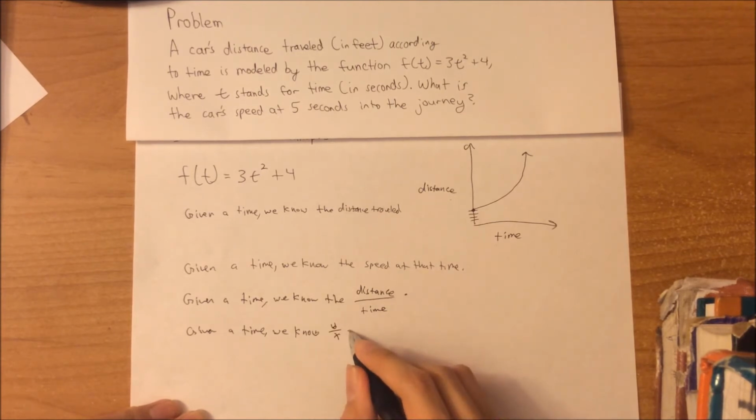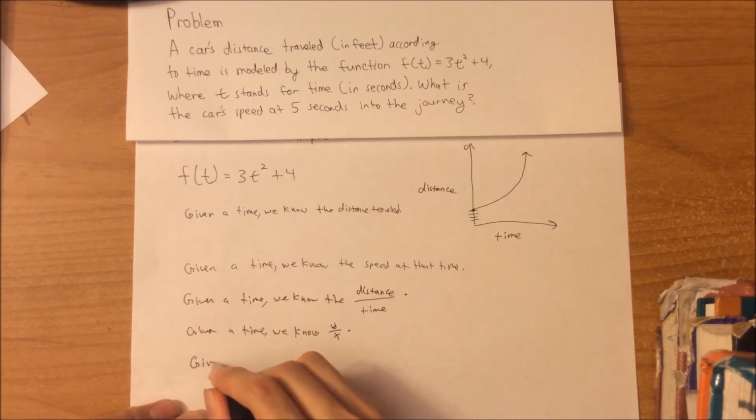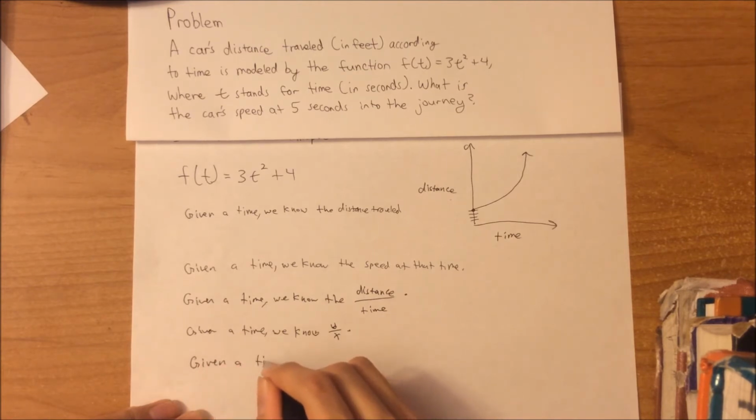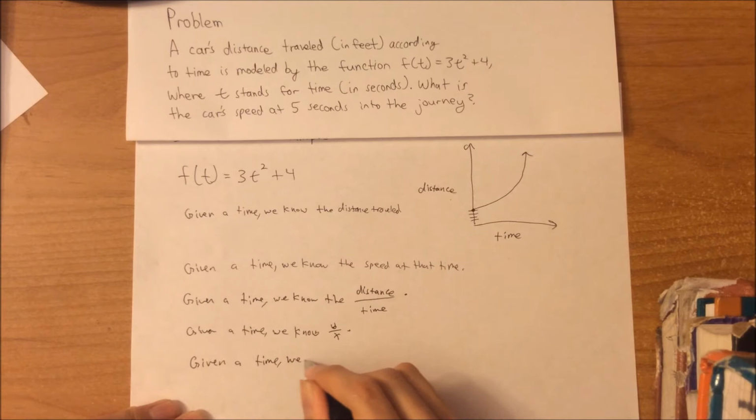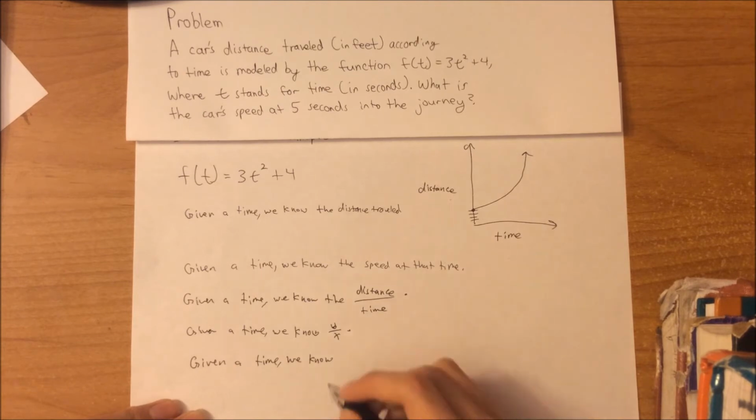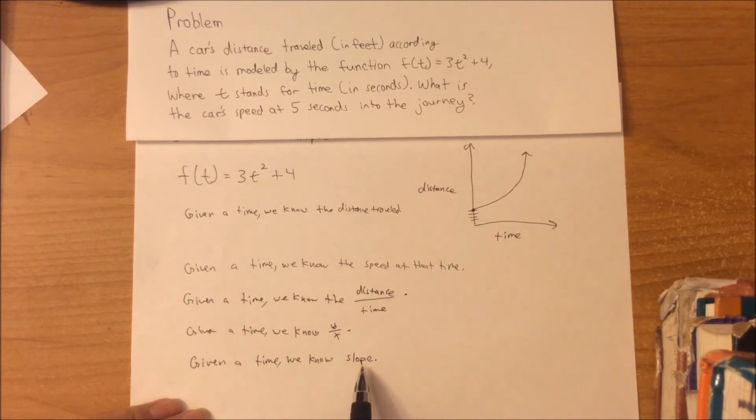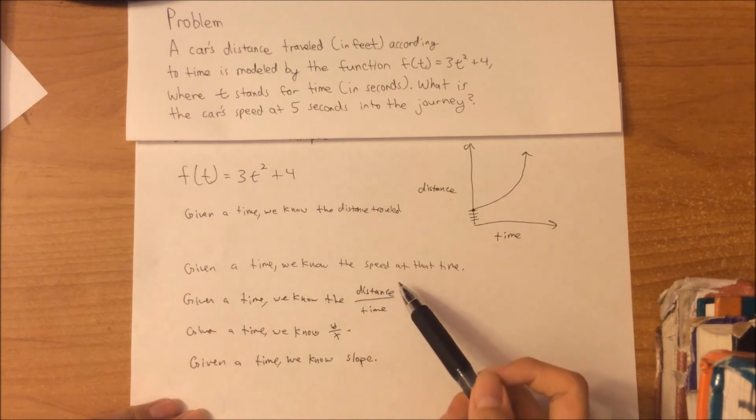Let's go even further and write, given a time, we know y over x. Remember, y over x is really the slope. So we're going to end up with, given a time, we know the slope. Now if you notice, the slope is really the same thing as the speed.